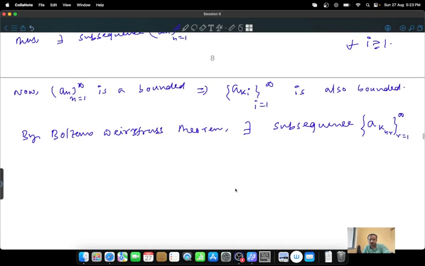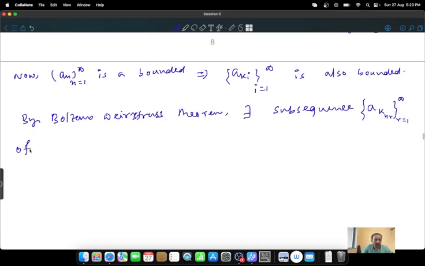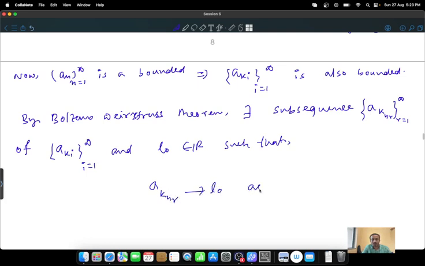There exists a subsequence a_{k_{n_r}} of this sequence a_{k_i} such that there is a subsequence and a real number, some L naught belongs to R, such that a_{k_{n_r}} converges to L naught as n_r tends to infinity.